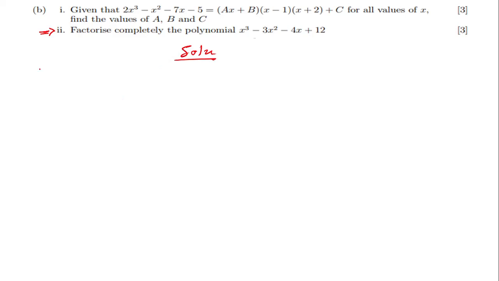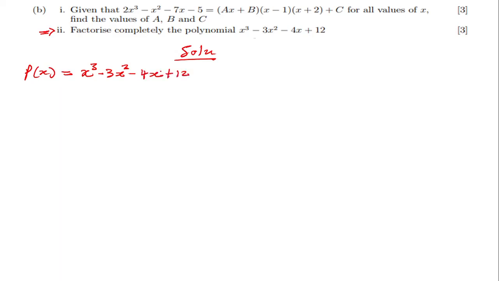So let me quickly write the solution. I'll write my polynomial, which is p of x, simply equal to x cubed minus 3x squared, and then minus 4x, and then plus 12.